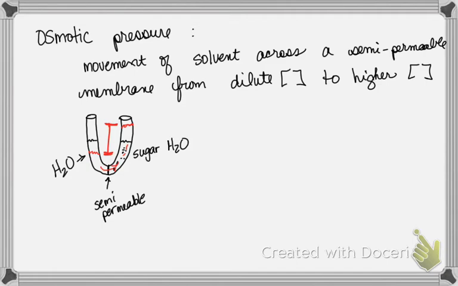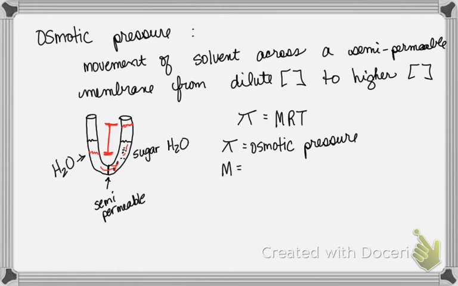The formula for osmotic pressure: that is the symbol for pi. Osmotic pressure is equal to MRT, where the little pi symbol, it's not 3.14, it stands for osmotic pressure. Okay, that can be like atmospheres or millimeters of mercury or whatever. M, notice it's a capital print M, that's the molarity.